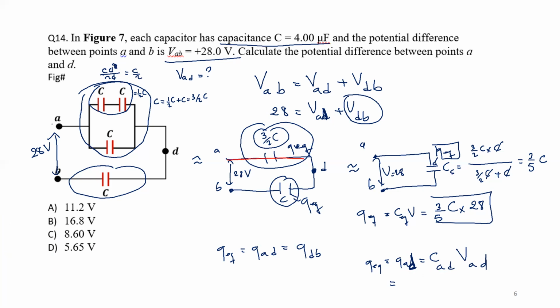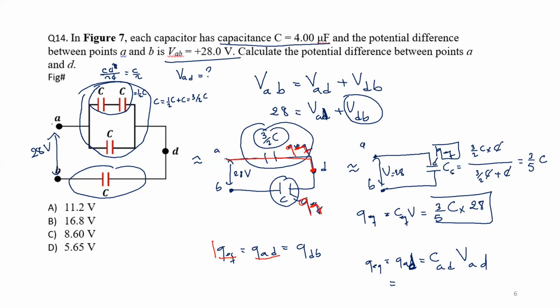I want this voltage between A and D. I got the equivalent charge for everything. So Q total here is the same as the Q equivalent here, which is the same as the Q equivalent here. Why? Because these two are in series. And when two capacitances are in series, that means they have the same charge. So that's why I wrote this. Q equivalent is QAD plus QDB.